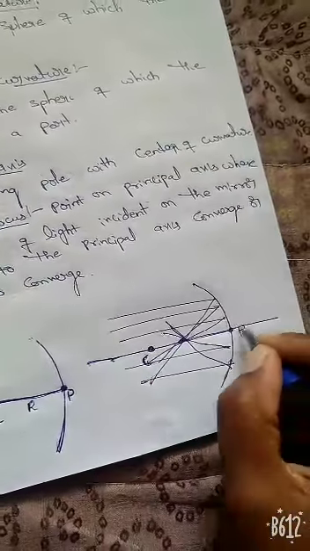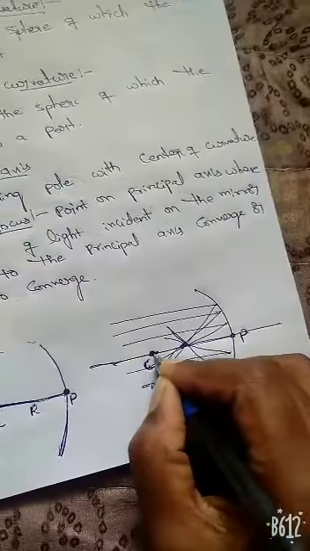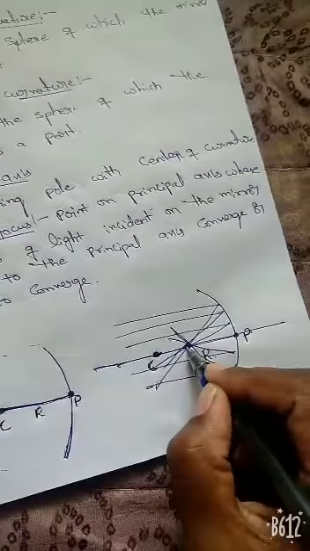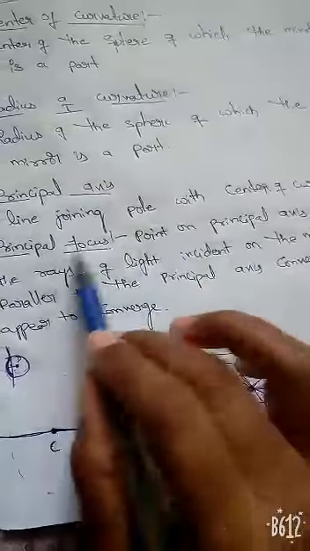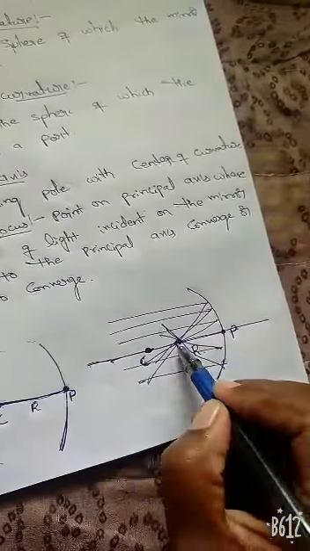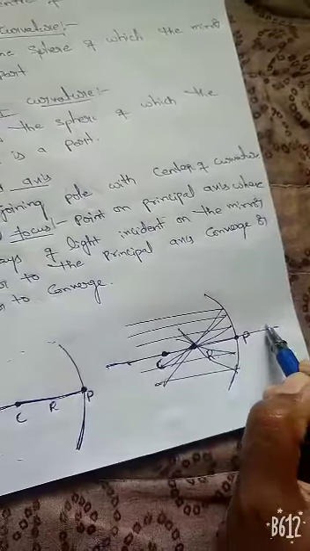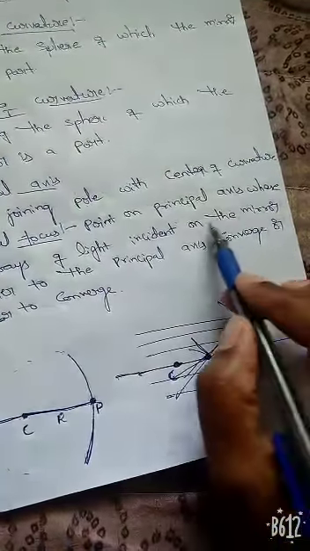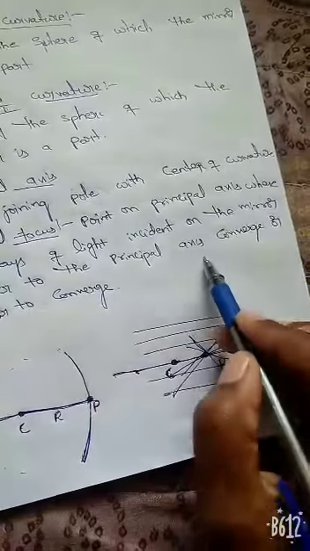This will be the principal axis, and from the center of curvature to the pole is a radius, and the point where all these are reflecting. Principal focus is nothing but a point on the principal axis where the rays of light incident on the mirror parallel to the principal axis converge or appear to converge.